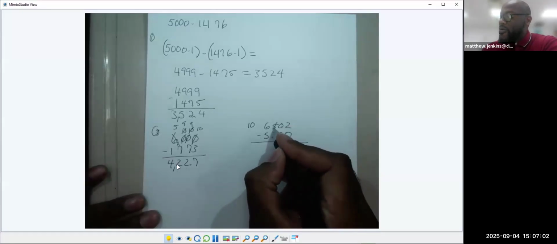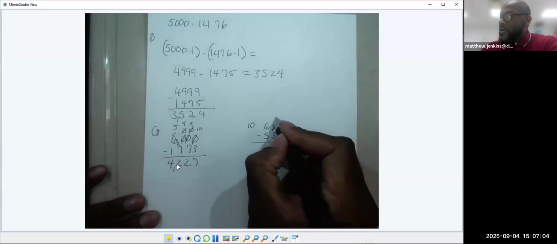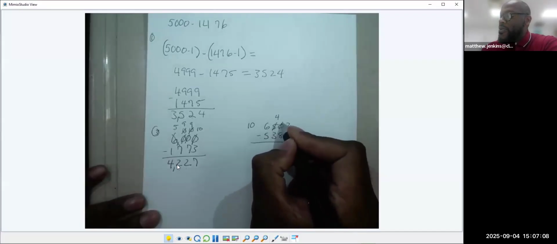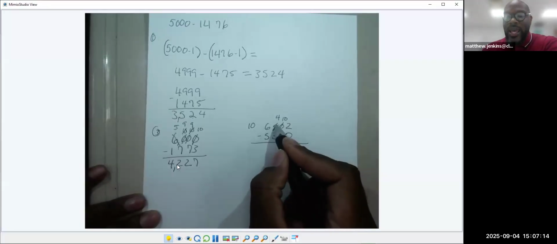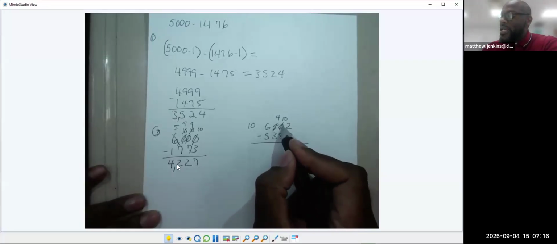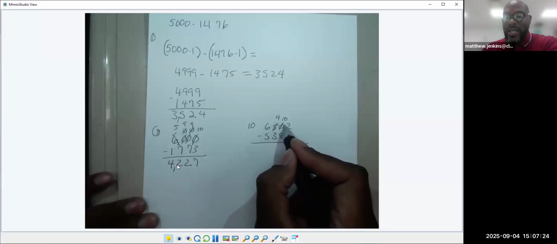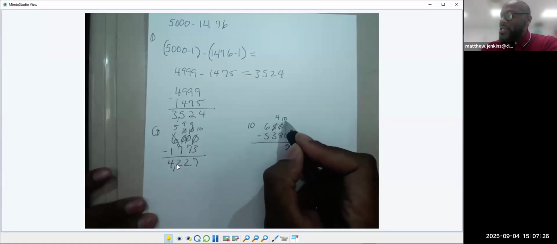So we're going to take one of those hundreds, which turns it into 400, and we're going to regroup it into tens, which gives us 10 tens. So one of those hundreds that we took, we're regrouping it into the tens place value. It takes 10 tens to make 100. So we went from hundreds to tens, if that makes sense.